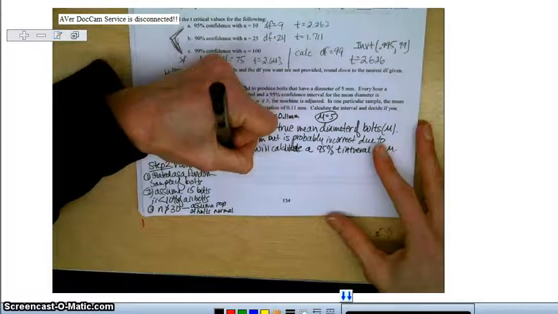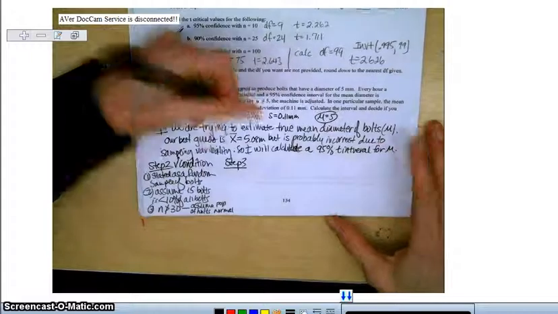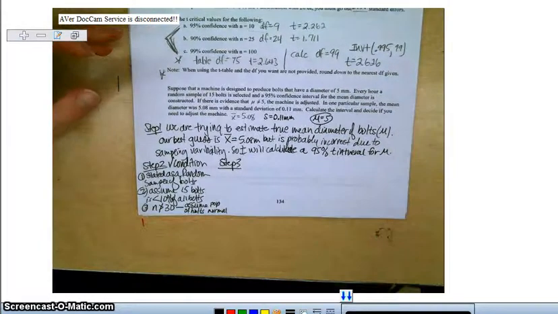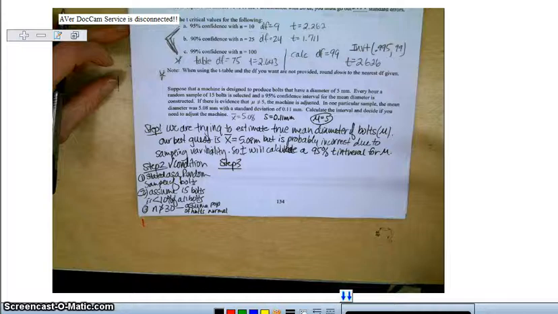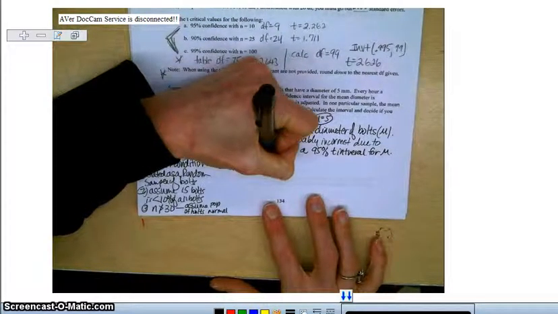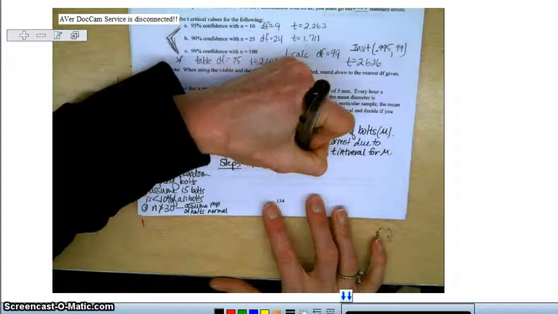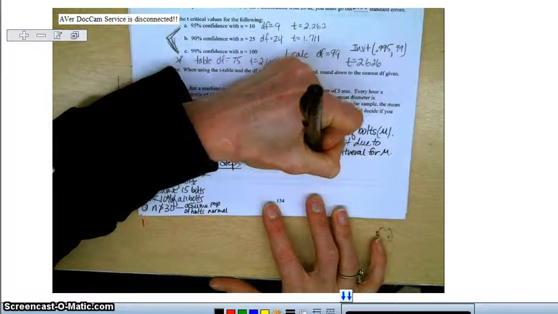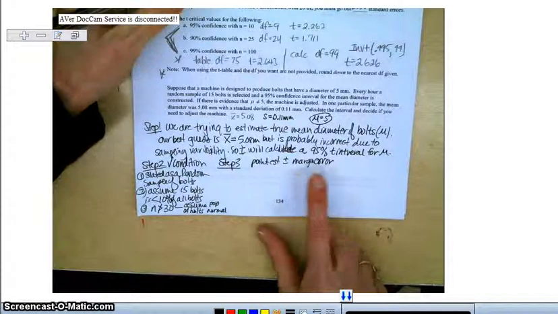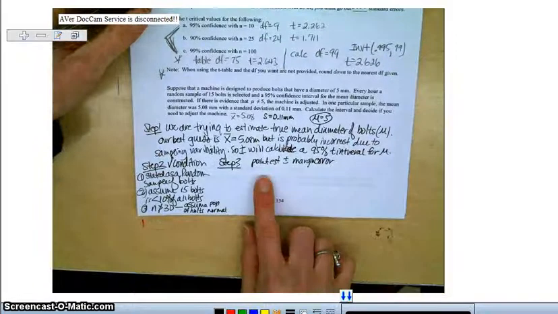All right, so now what's step 3? Calculate the confidence interval, right? Have I even given you the formula? Nope, but guess what? You should know it. The formula for a confidence interval is your point estimate plus and minus the margin of error. The margin of error is always made up of your critical value and the standard deviation of your statistic. So what's my point estimate?